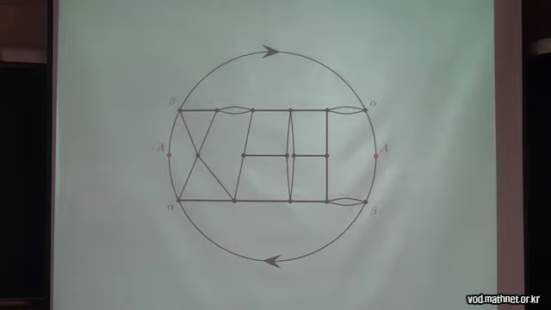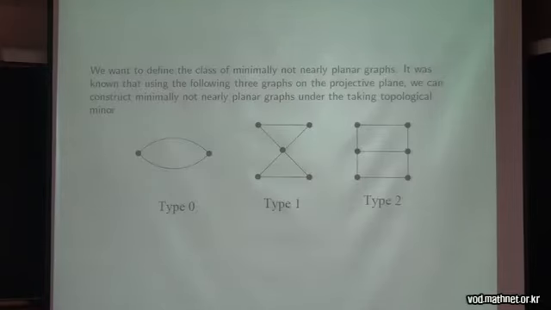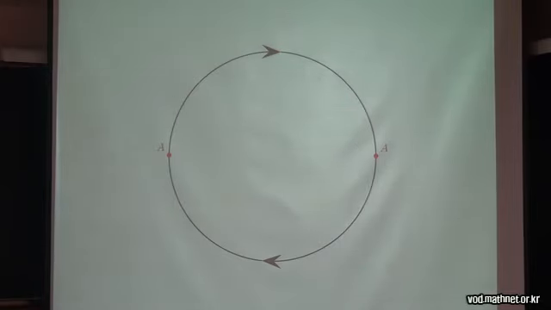I just want to show the graphs without crossing, so I use the projective plane. That's the reason for the setting of the projective plane at the beginning. I need to say that, but I skipped it, I'm sorry. So after identifying these two arcs, you can get the projective plane, right?